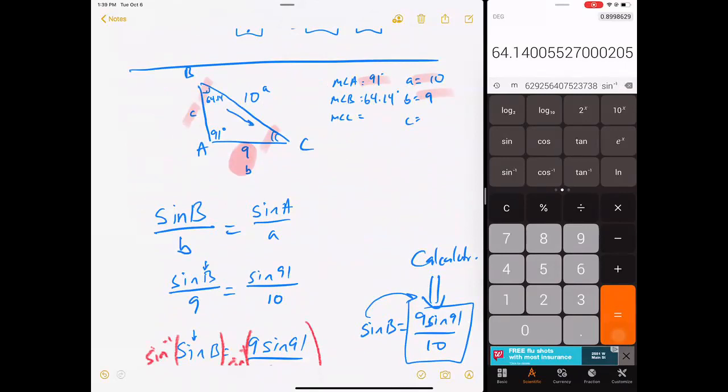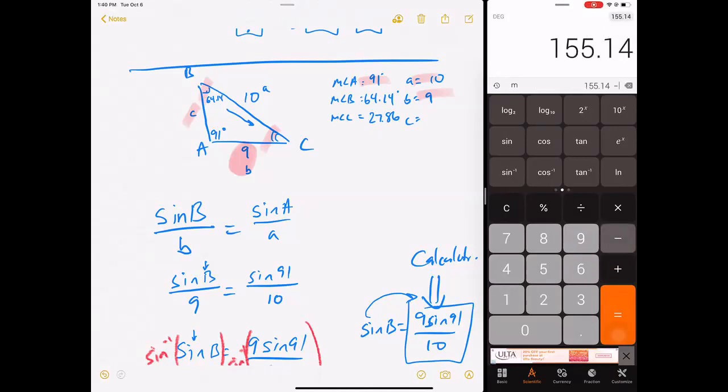And since you have a calculator with you right now, go ahead. 64.14 plus 91 equals, then we're going to subtract that from 180. And now we know the other angle, 27.86. Try that again yourself. 64.14 plus 91 equals, and we're going to subtract that from 180.